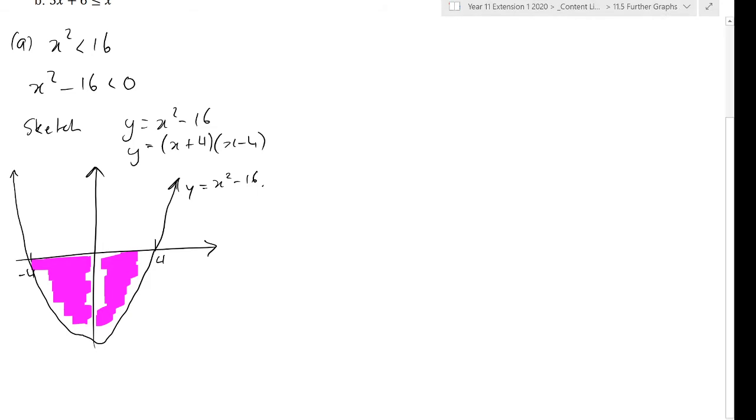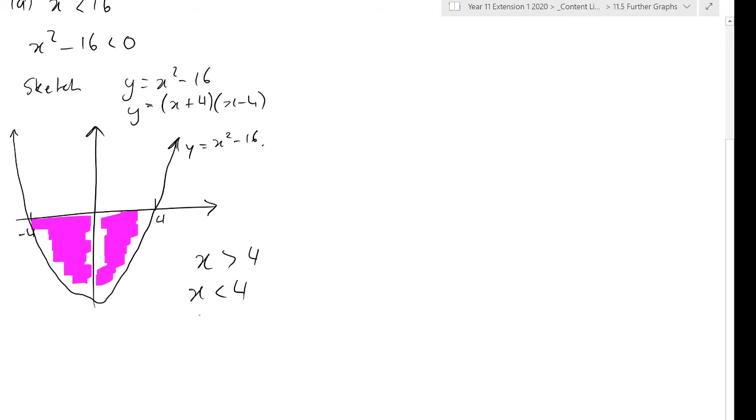Well, it's just between -4 and 4, so when x is greater than -4 and x is less than 4. Another way of writing that is -4 is less than x is less than 4, okay? And so that's the solution to this one here.